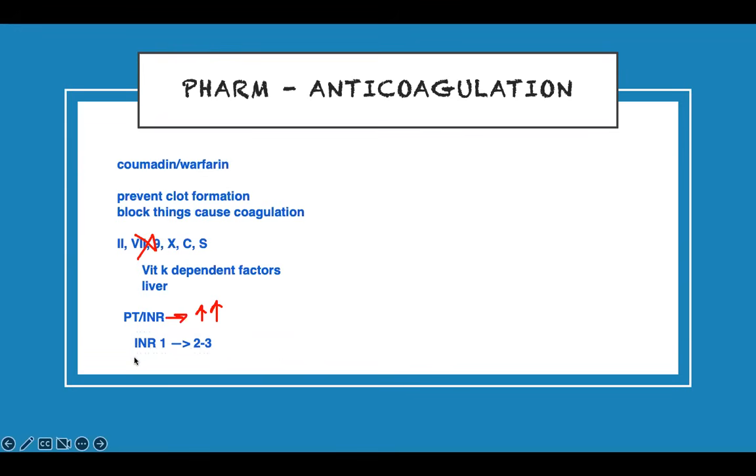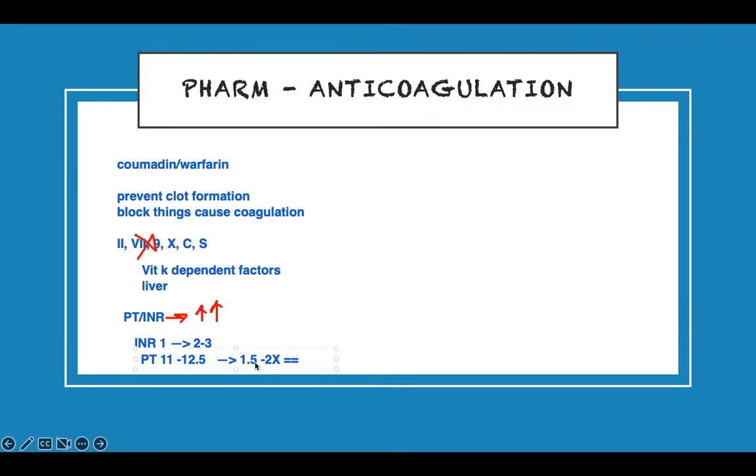Okay, and then normal PT, your PT level is 10 or 11 to 12.5. So when you're taking Coumadin, you multiply the lower portion by 1.5 and the upper by 2.